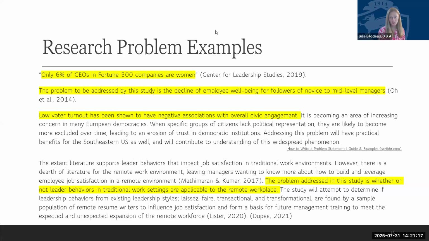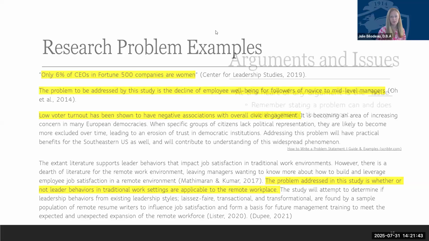Some like to build up the support, then place the problem statement at the end. Sometimes it's in the middle. So if it is not very clear, and I would say at the beginning, then it increases the likelihood that you might need the words the problem is or the problem addressed. So the problem addressed in this study is whether or not leader behaviors in traditional work settings are applicable to the remote work. So again.